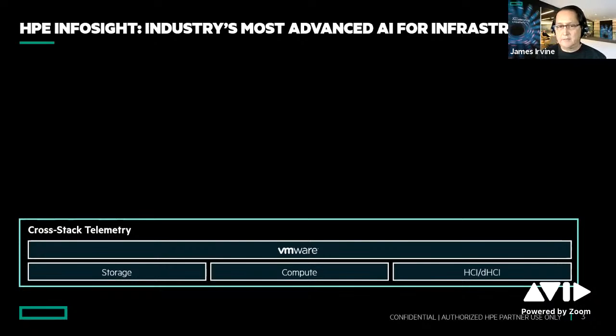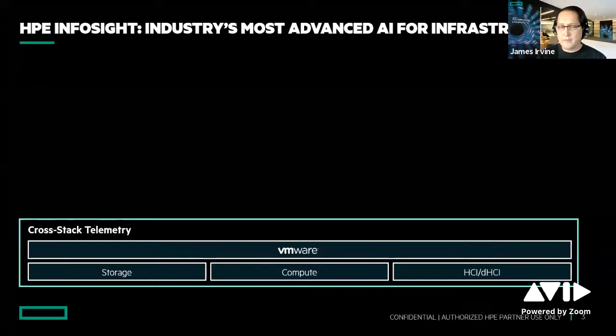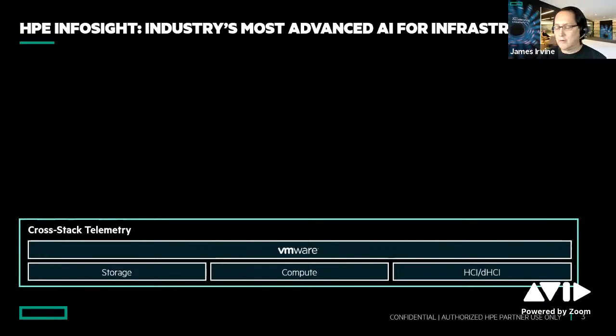And so what you get from that is a global database of knowledge and learning and machine learning algorithms that help better predict and prevent issues happening within a hardware infrastructure or a hardware software infrastructure.